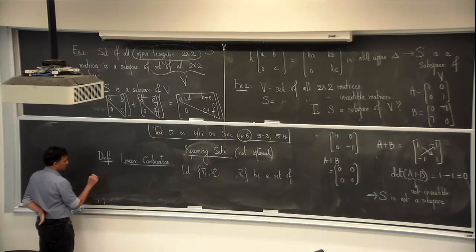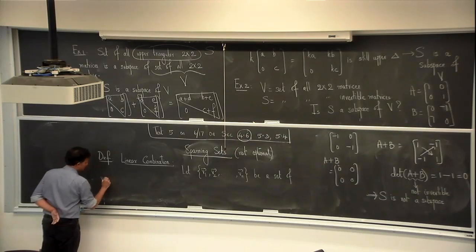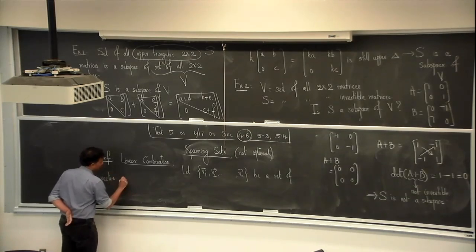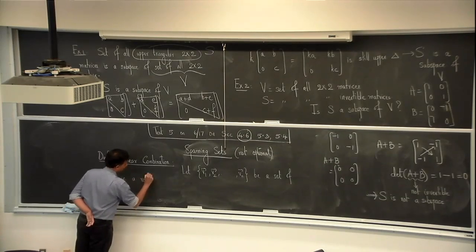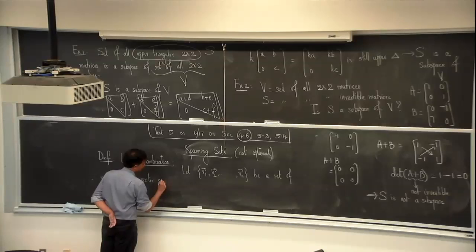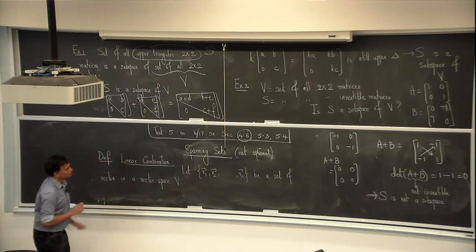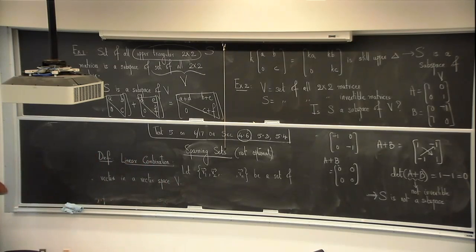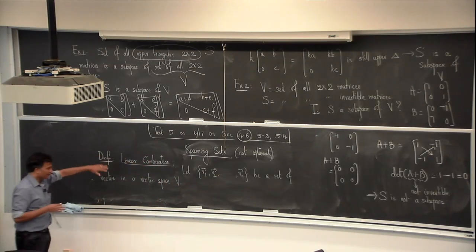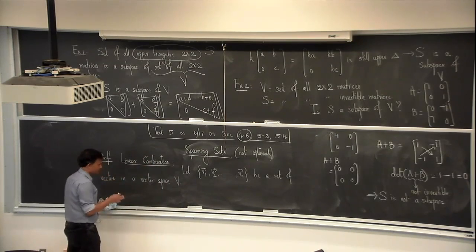Okay. So be a set of vectors in a vector space V. At this point, you should know what a vector space is. It's a set of vectors with all those properties being true. Okay. So that is guaranteed to us that it's a vector space.